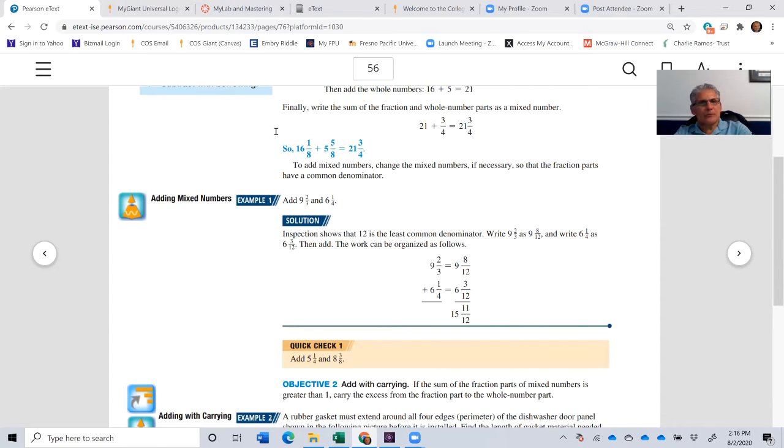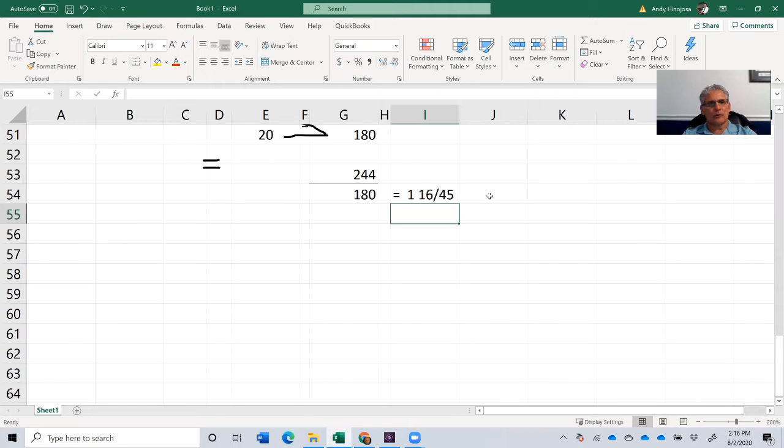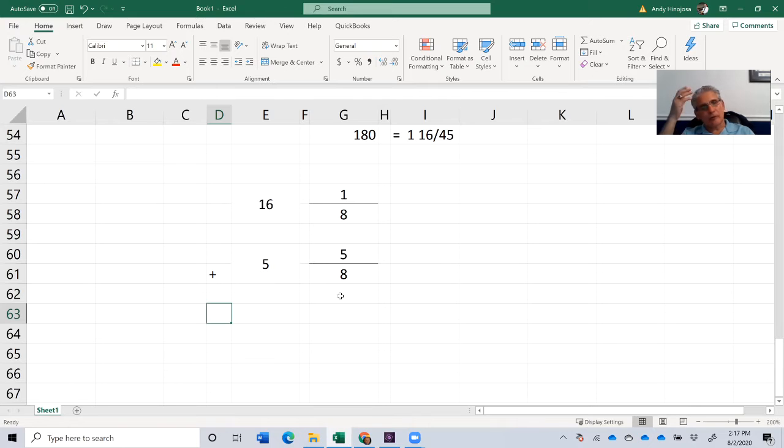So let's take, for example, 16 1/8 and 5 5/8. Let's see how that would work. If we're asked to add 16 1/8 to 5 5/8, what I'm going to suggest to you is that we treat these independent of one another, at least initially.